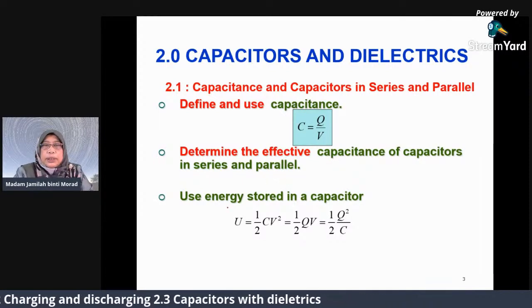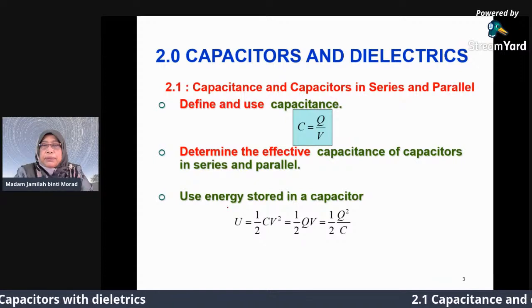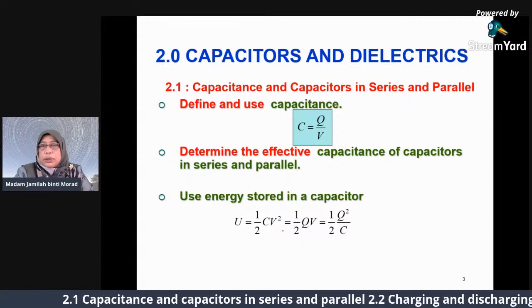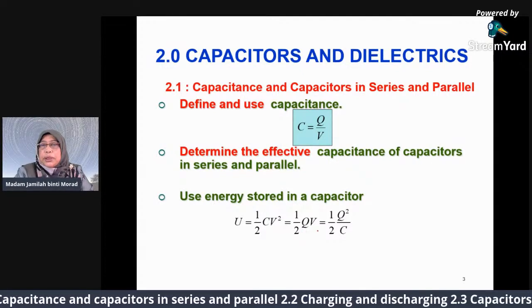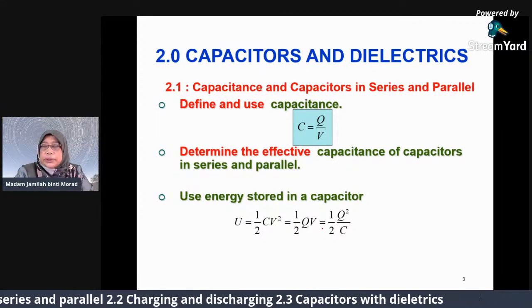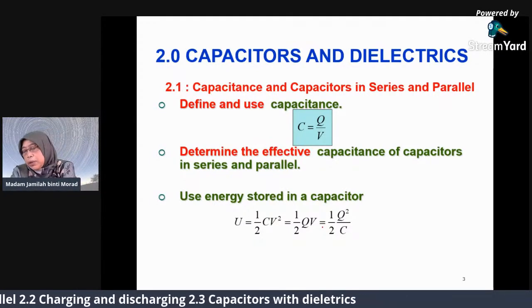And the third objective is use energy stored in capacitor, whereby you have three equations here. You can use either U equal to half CV squared, or energy stored equal to half QV, and also the third equation, half Q squared over C. Three equations we look into after this.